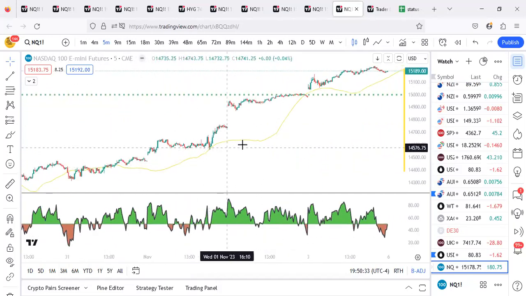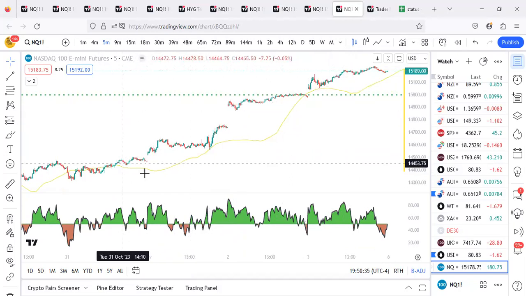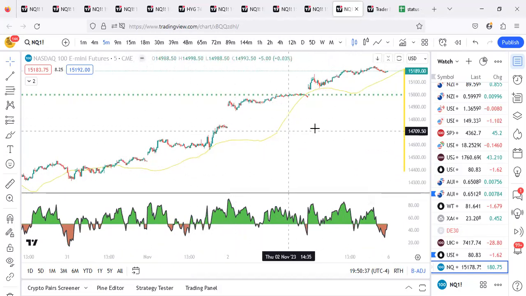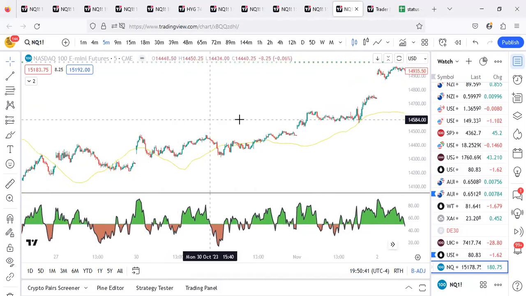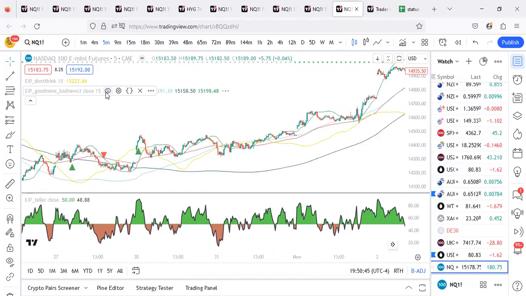So this is how we can get a quick pictorial representation of the potential dips which can be bought. Of course, you need a bit of practice also. One look at good news, bad news, you can have a lot of easy things, but trading good news, bad news could be a bit complex.